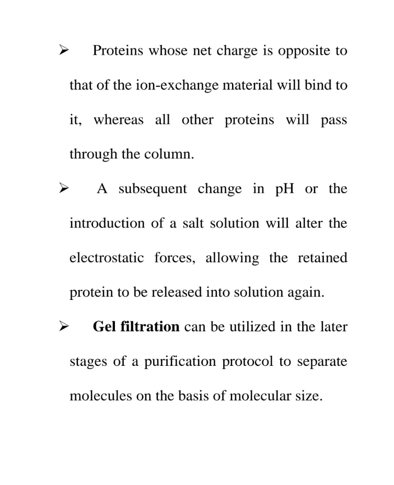Protein whose net charge is opposite to that of the ion exchange material will bind to it, whereas all other proteins will pass through the column. A subsequent change in pH or the introduction of a salt solution will alter the electrostatic forces, allowing the retained protein to be released into solution again.